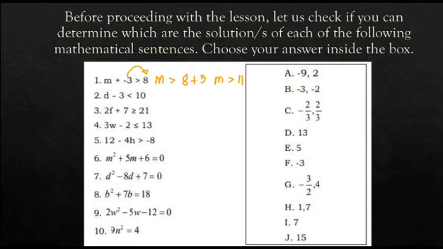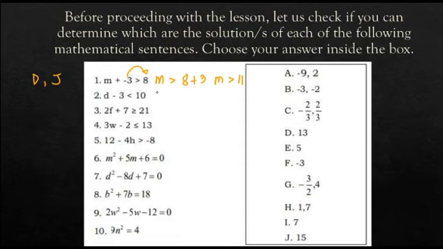Those are letter D, which is positive 13, and then we have J, which is positive 15. Those numbers are greater than 11.